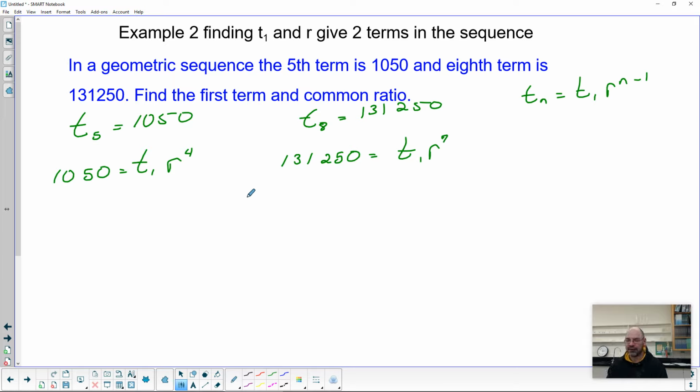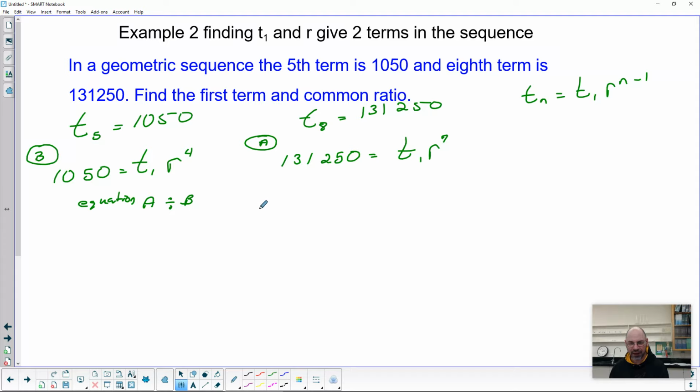Now, geometric, these are multiplied together. So we can't add or subtract them because they have different powers of R, but we can divide them. So we're going to take equation A and divide it by equation B to get rid of the T1, because T1 divided by T1 is 1.